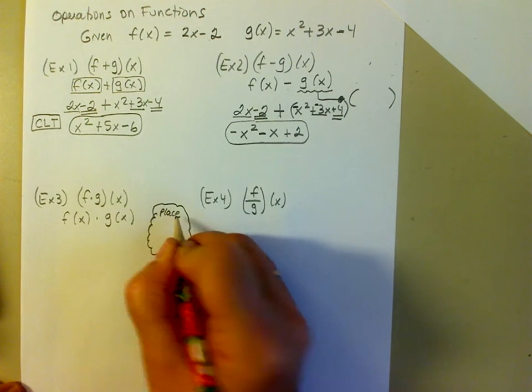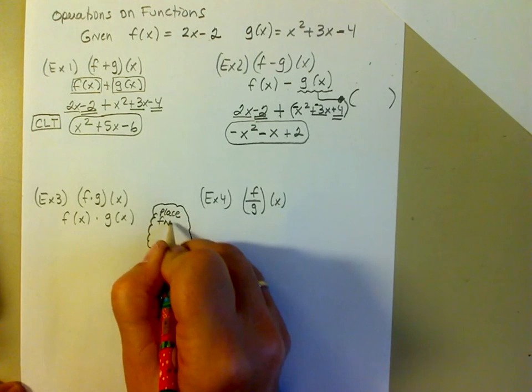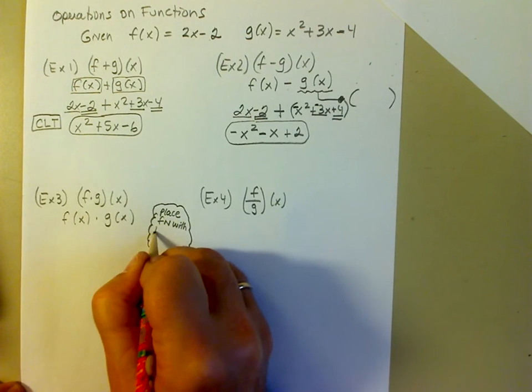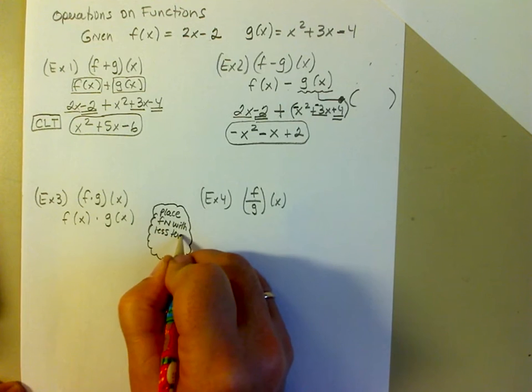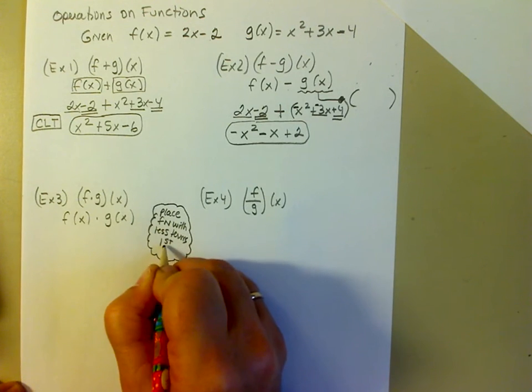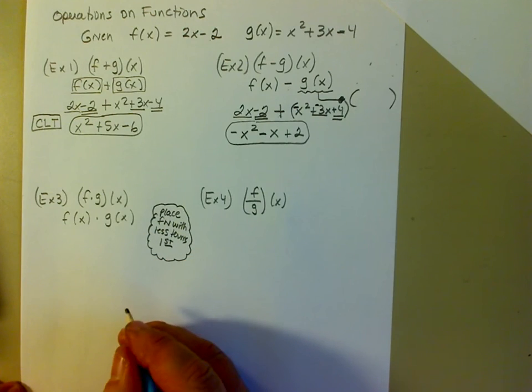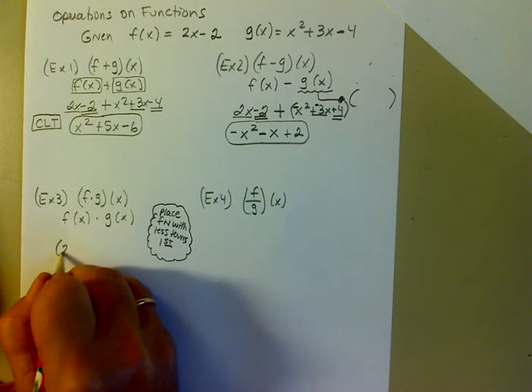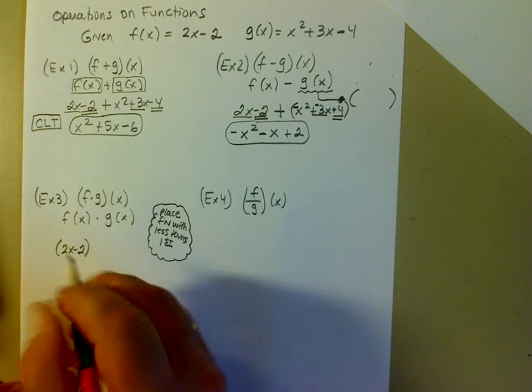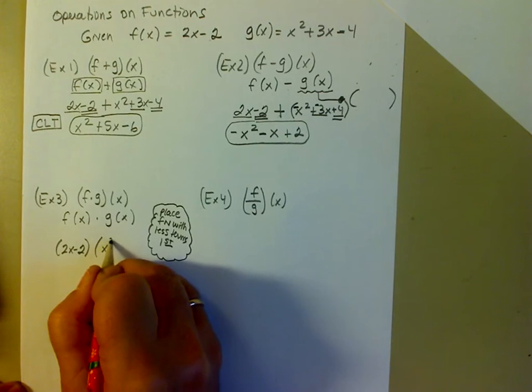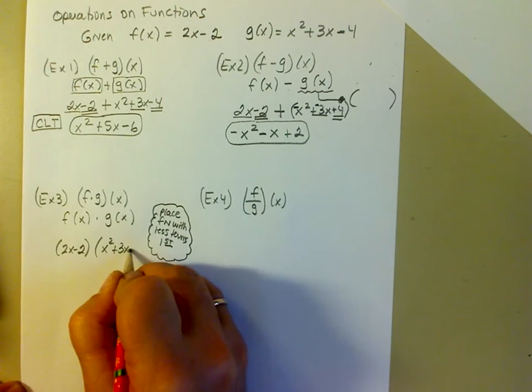Place function with less terms first. That is just going to make the distributive property a lot easier. So 2x minus 2 times g of x, which has 3 terms, will place second.